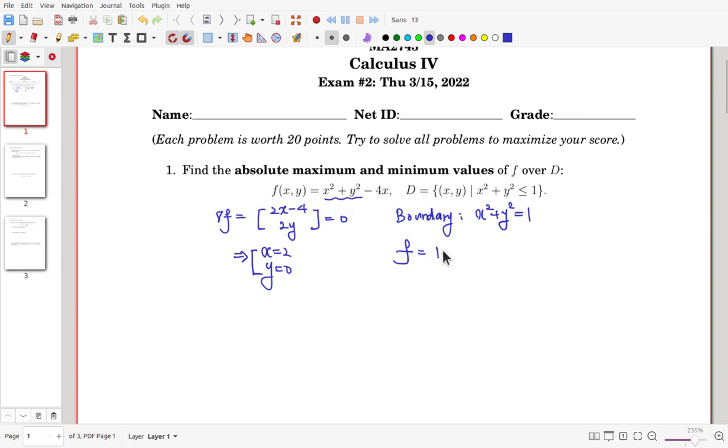Now x is moving from minus 1 to 1, so when x is 1, the value is minus 3, and when x is minus 1, then f must be 5. So minus 3 will be the minimum, and 5 will be the maximum. That's the final answer.